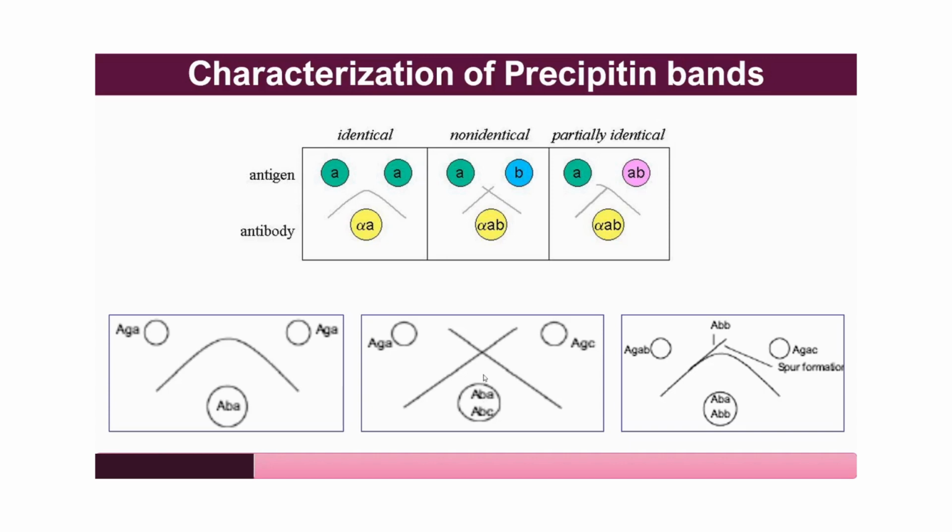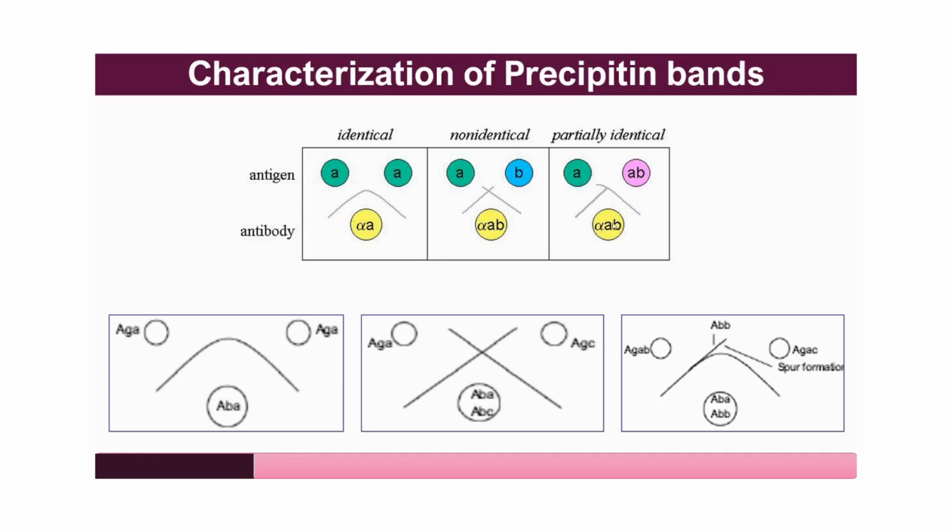They will have a crisscross. Now coming to the third type, the line of partial identity, where the antigens loaded in the antigen wells may be similar in some cases and not similar in others. In this case, in the left-hand side well there is antigen A, and in the right-hand side well there is antigen A as well as B, which is not present in the left-hand side well.